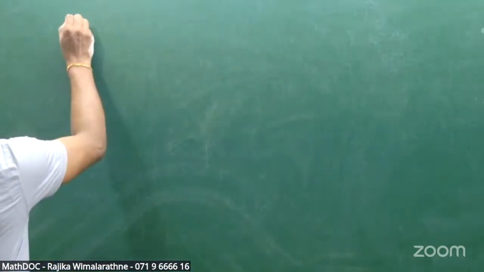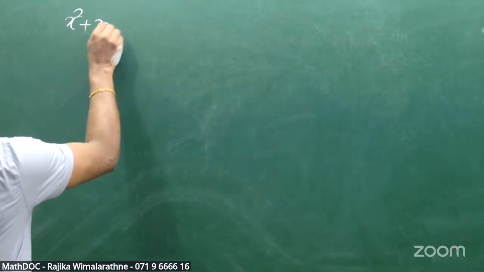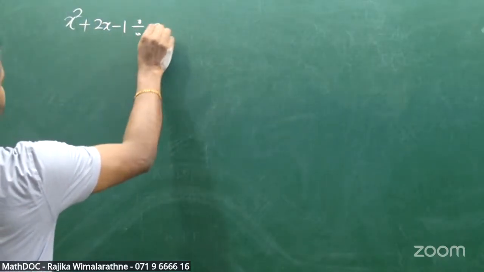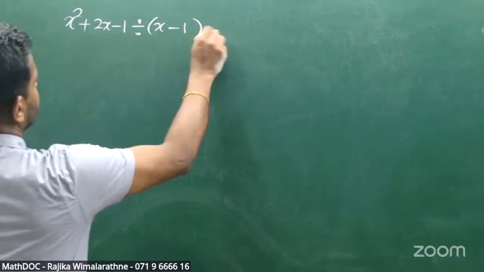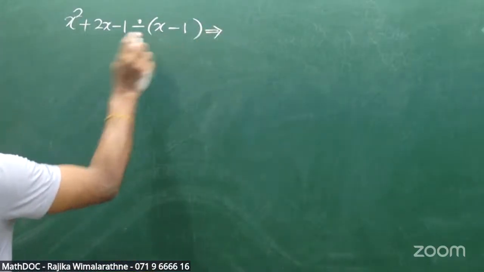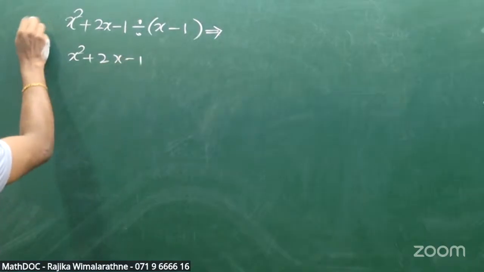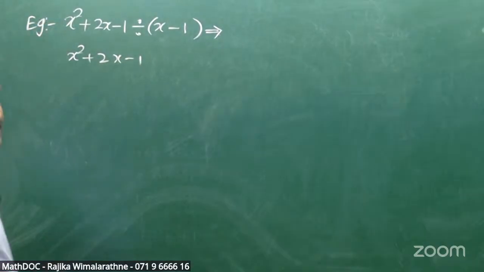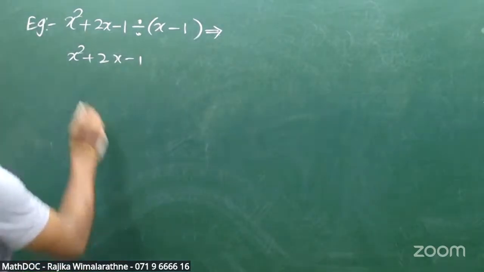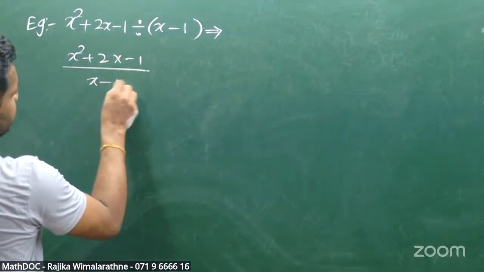See this one. Let's divide x squared plus 2x minus 1 by x minus 1.